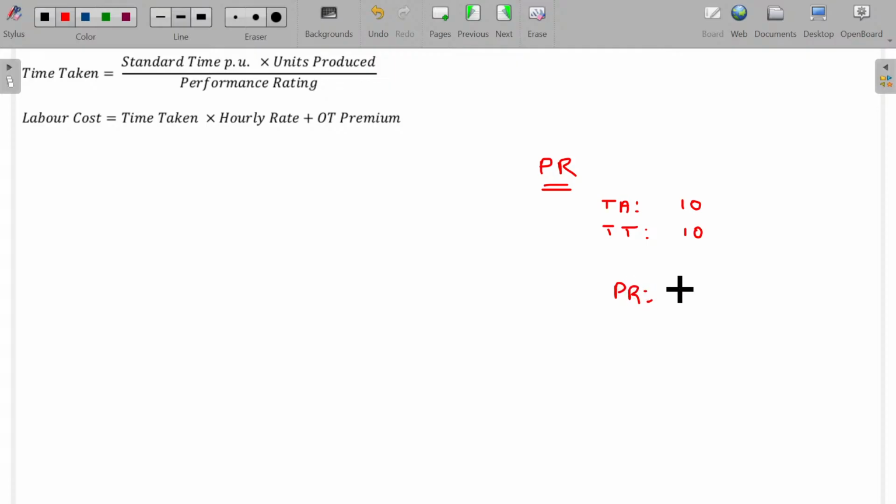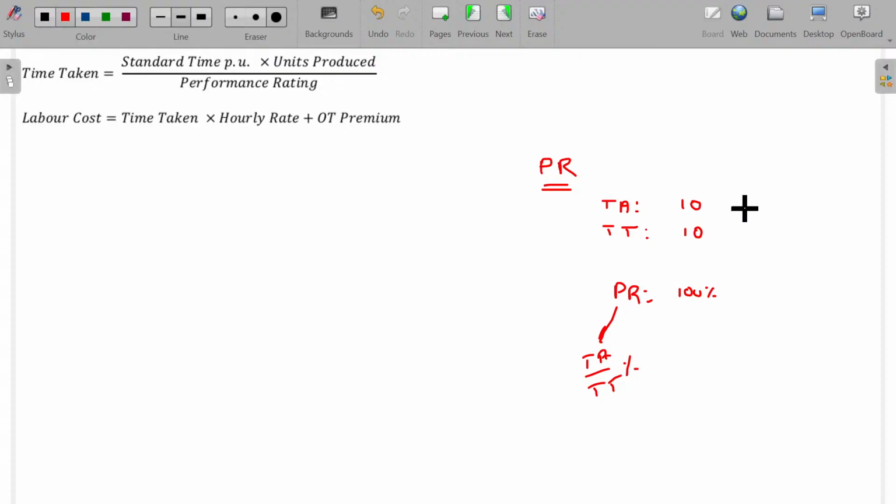Your performance rating is equal to 100%. Very simple: time allowed by time taken. Performance rating can be calculated this way: time allowed divided by time taken, in percentage. Is that okay? That's about the performance rating.